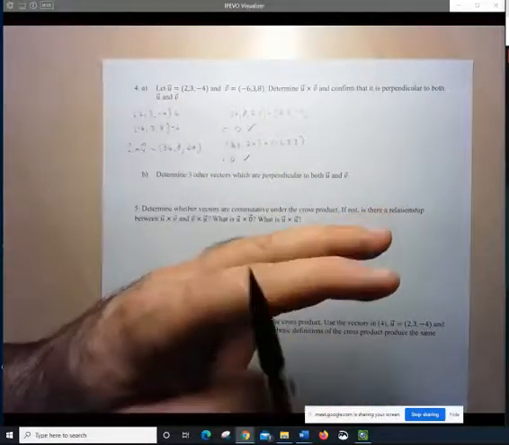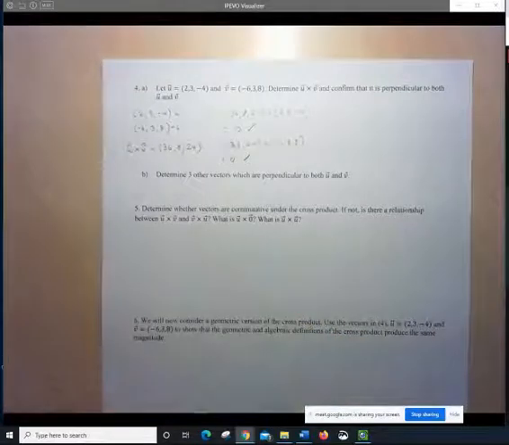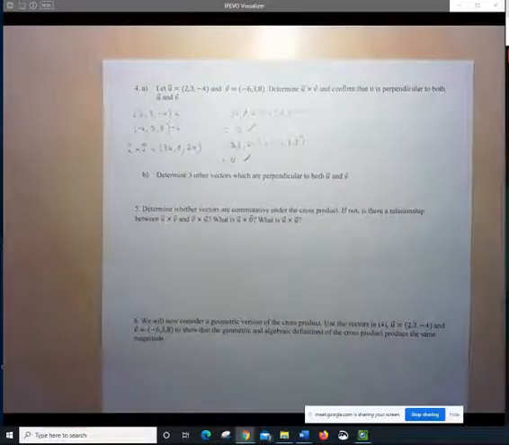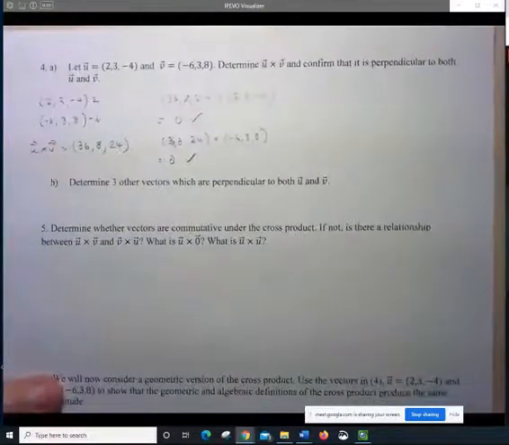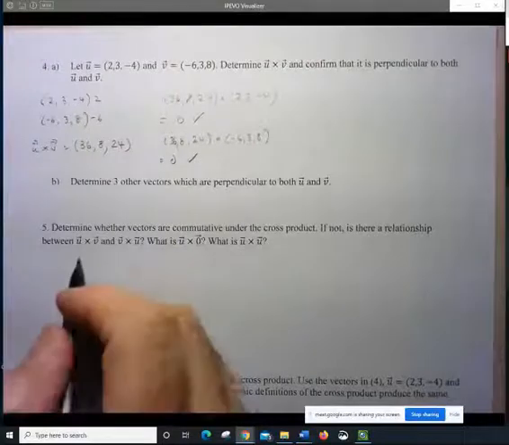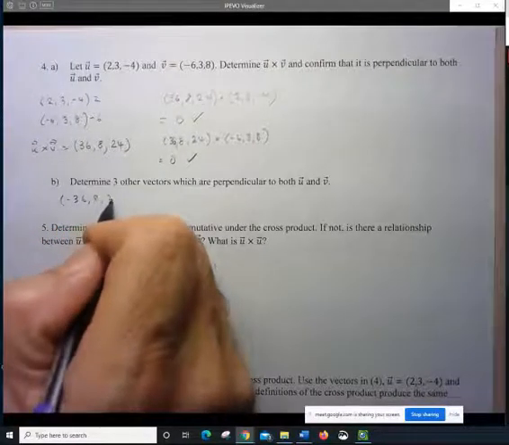In other words, vectors that are collinear or parallel, those 2 words are interchangeable, are perpendicular to both u and v.